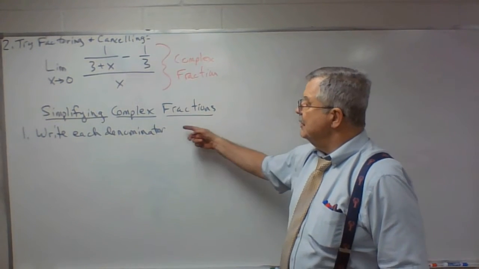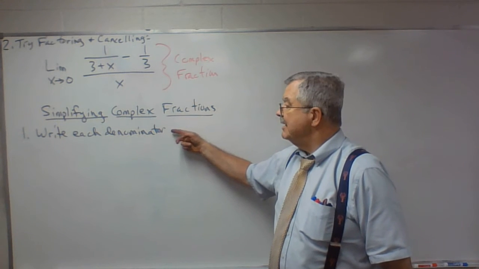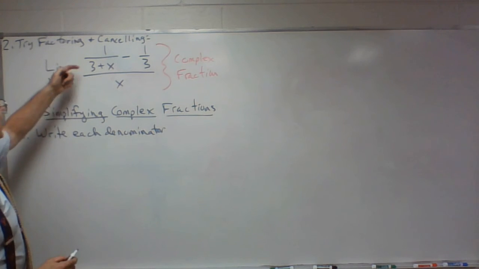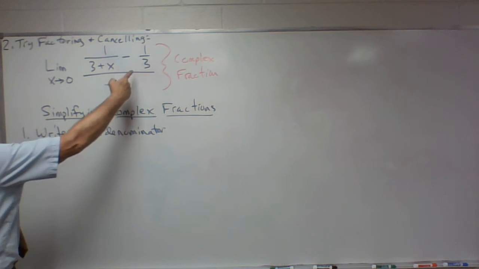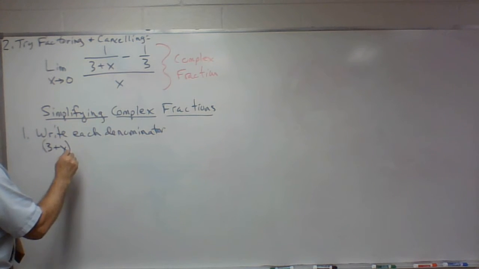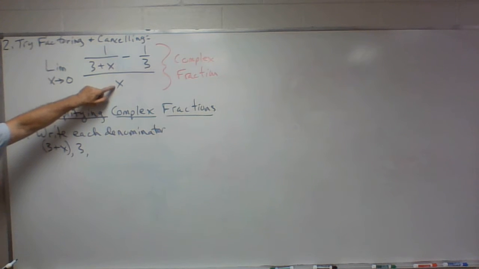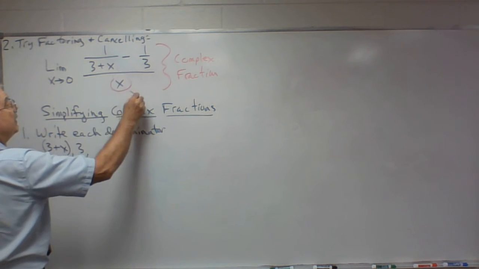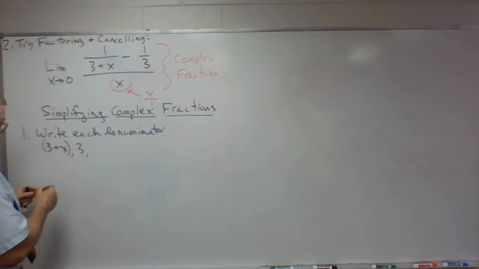The first thing that we do when we simplify complex fractions is write each denominator. Here's one denominator, 3 plus x. Here's another denominator, 3. And in the bottom, this thing does not have a denominator, but it's really the same as x over 1, isn't it?